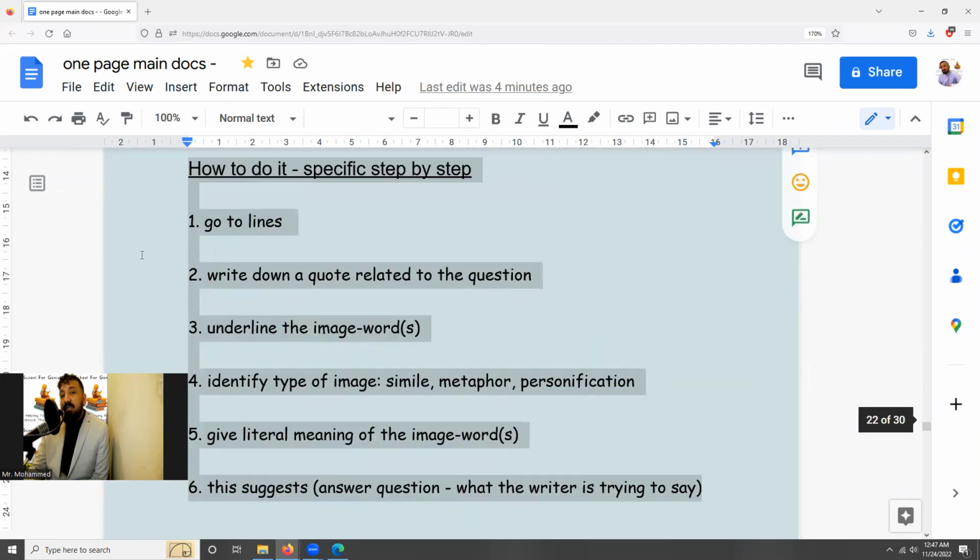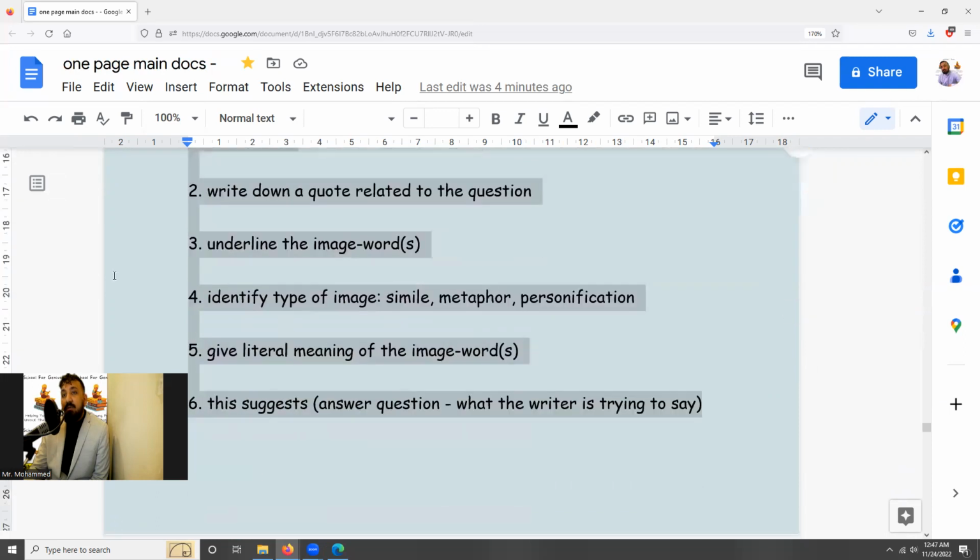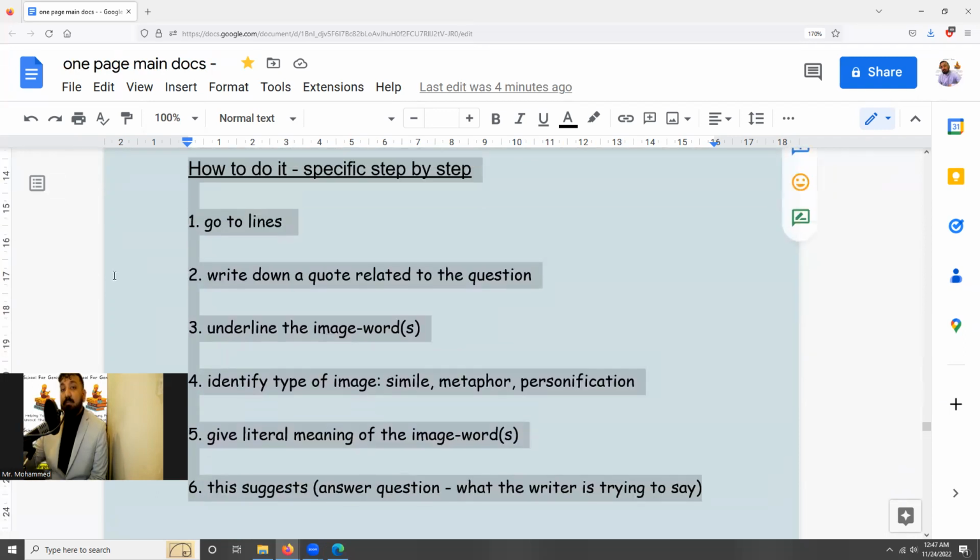The part of the quote that's not real, the imaginary part, the image part, that's the part that you're going to focus on, okay? Because that's the thing that is the comparison, that's the important part.